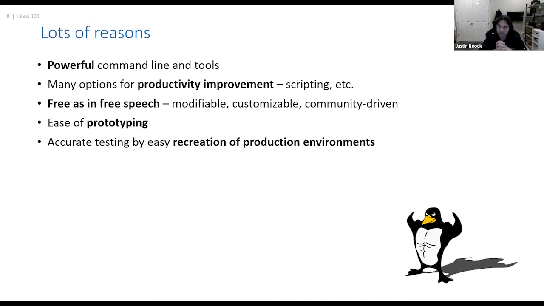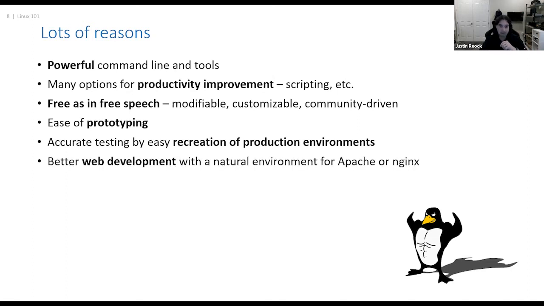And it's very easy to recreate production environments using Linux, because you just don't have much in the way of proprietary or specialty stuff going in there in most cases. It's a very composable environment, so it's really easy to throw declarative configuration utilities, like Ansible and things like that, at it. So it's very easy to make sure that where you're developing has parity with where you run your software.